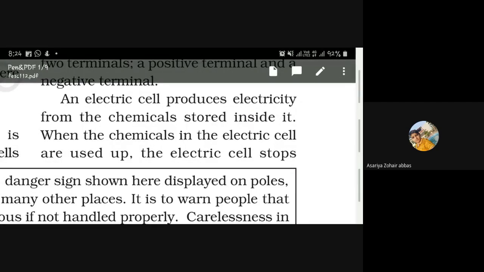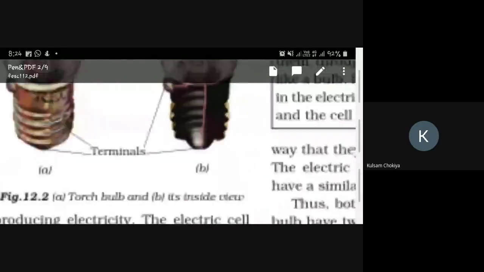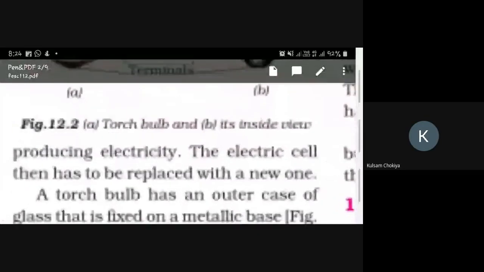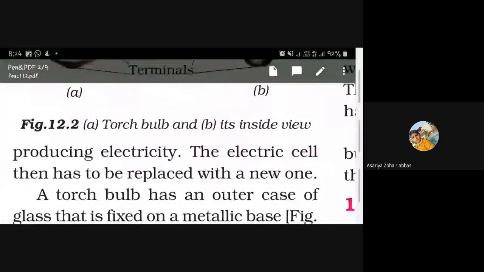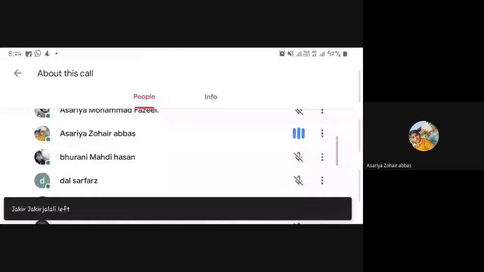When the chemicals in the electric cell are used up, the electric cell stops producing electricity. The electric cell then has to be replaced with a new one. A torch bulb has another case.